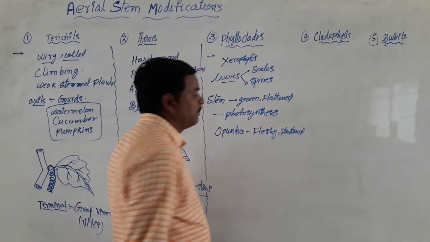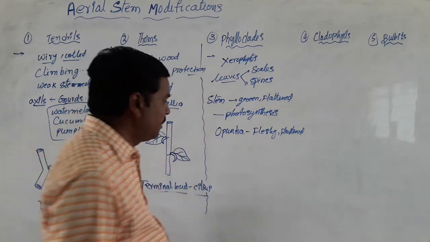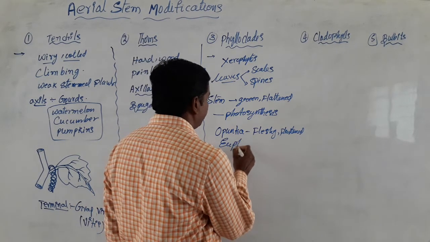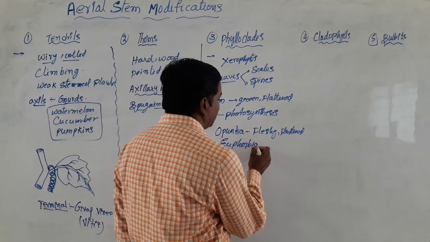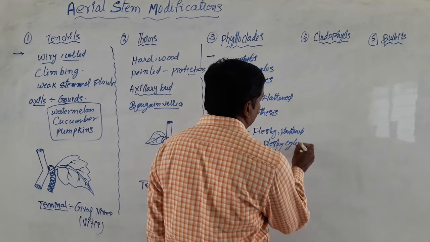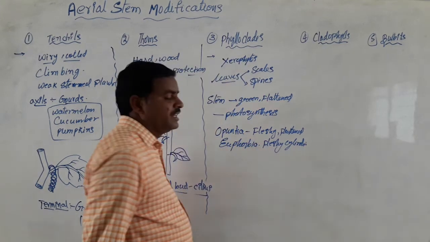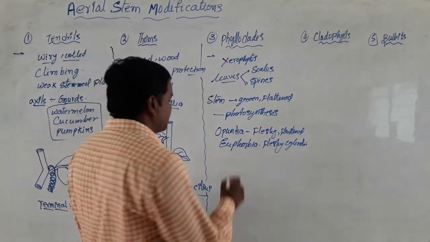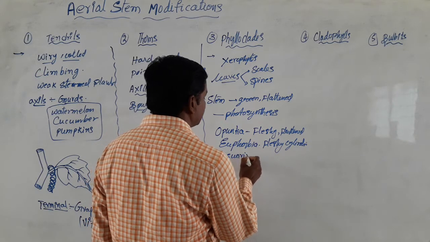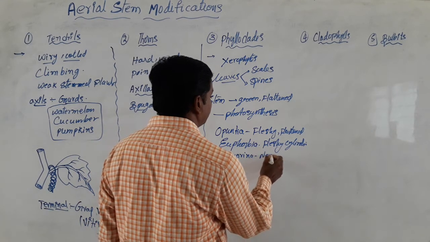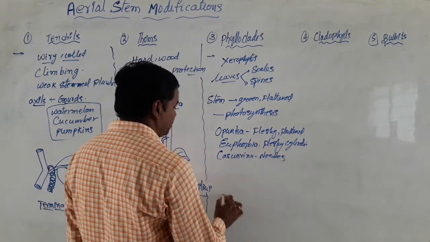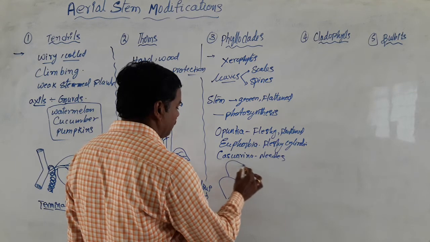But in the case of Euphorbia, they are fleshy and cylindrical. And in the case of Casuarina, needle-shaped phylloclades are there.